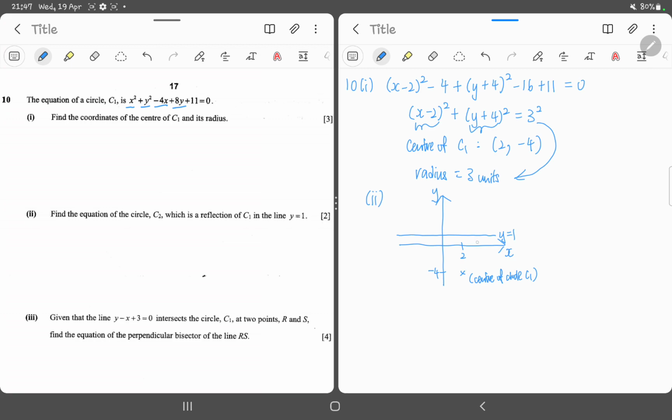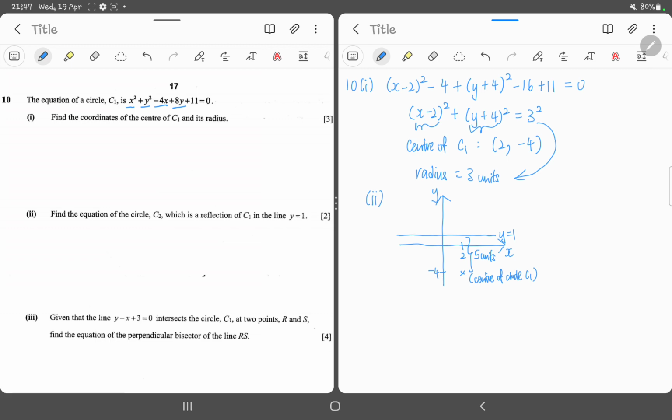In that case, the center of the circle C1 is here. From the center of the circle C1, in terms of the vertical length, it is 5 units away from the horizontal line y equals 1.